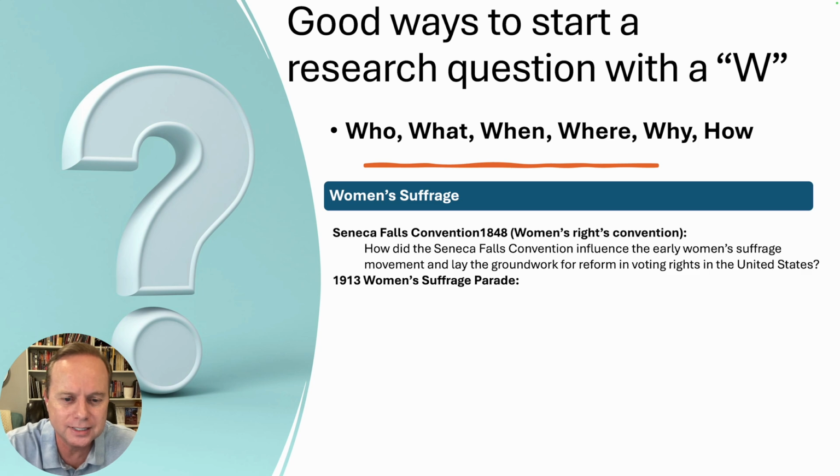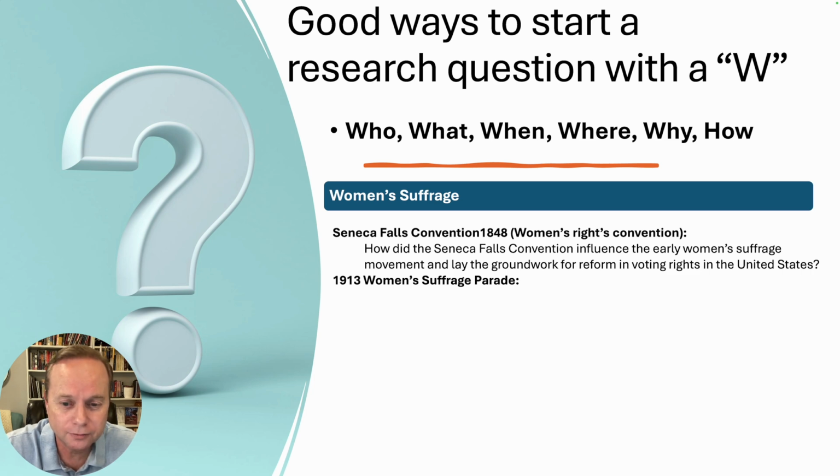Another one is the 1913 Women's Suffrage Parade. So if you think of the Civil Rights March, this is a similar one where it's drawing attention to the women's suffrage movement. And with this parade, okay, we could say who participated in the women's suffrage parade, and what events led up to the women's suffrage parade, and what were some of the key takeaways from the women's suffrage parade.